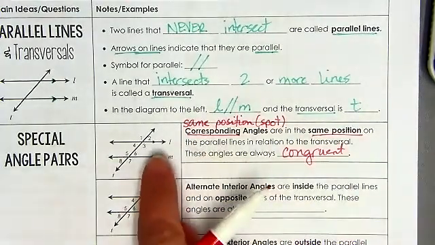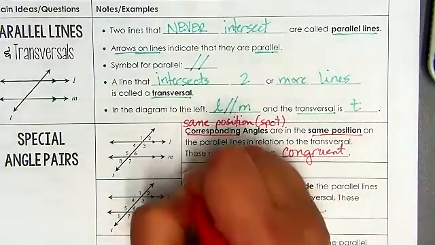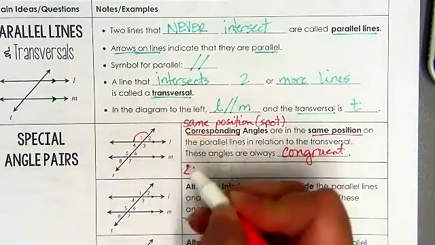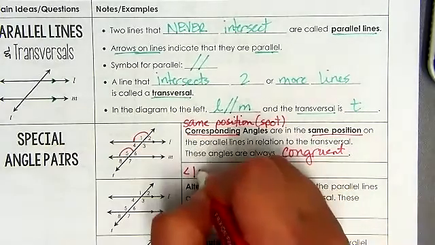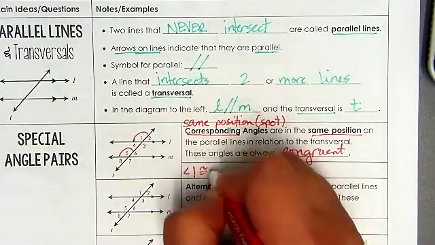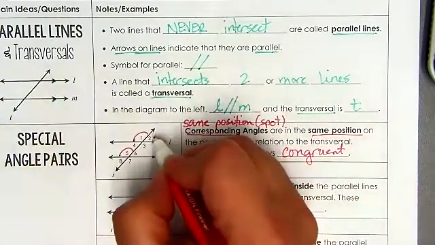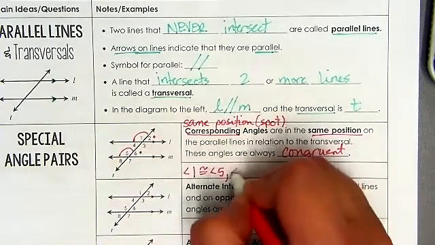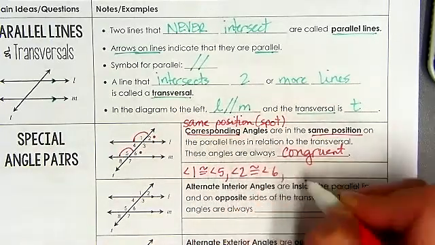So when we look at this graph right here, angle 1 and angle 5 are corresponding angles. The corresponding angles which are congruent are angle 1 and 5, angle 2 and 6, so angle 2 is congruent to angle 6.